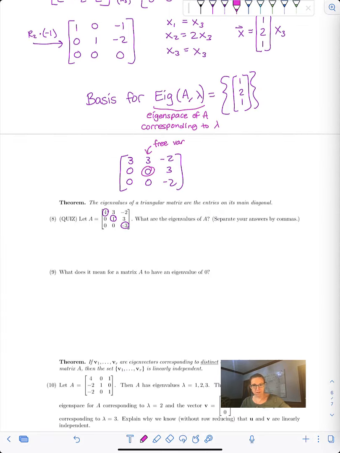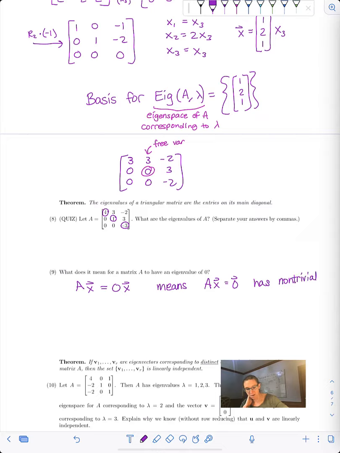Okay, so what does it mean if a matrix has eigenvalue 0? Well, if we have A times x equals 0 times x, so remember, eigenvalues can be 0, eigenvectors cannot. Well, that means that just Ax equals 0 has a non-trivial solution. It has to be non-trivial because the eigenvector has to be non-zero.